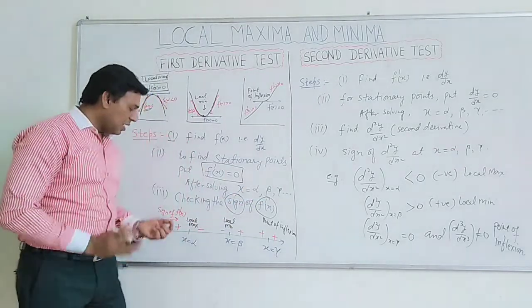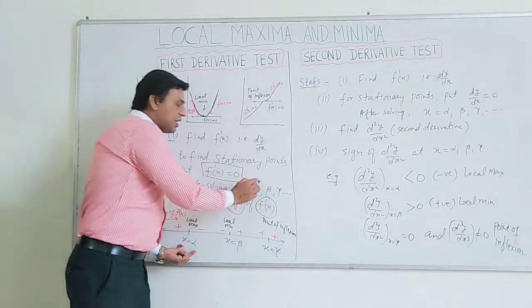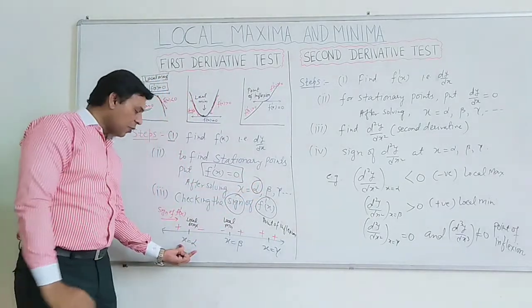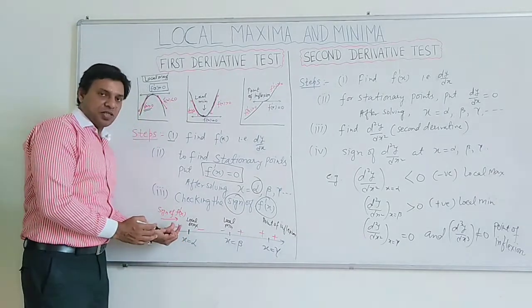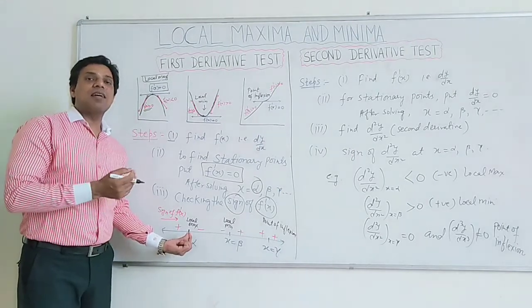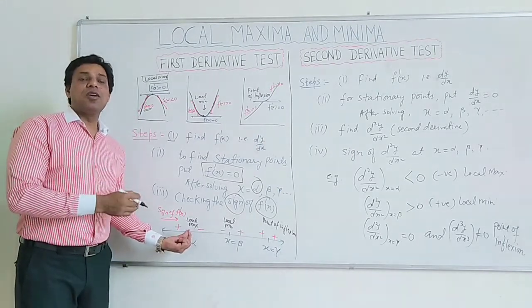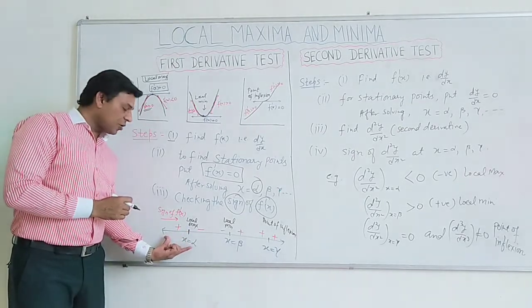For example, suppose at x = alpha, that is the first root, suppose before alpha the sign of the derivative is positive. Suppose x = 1; I can check at 0.9 or 0.5, or maybe I can take 0, according to the interval.